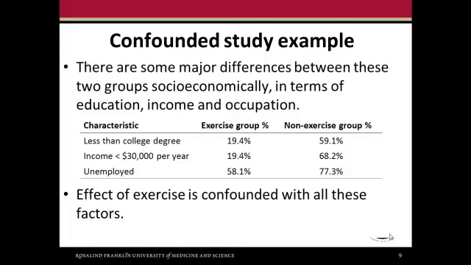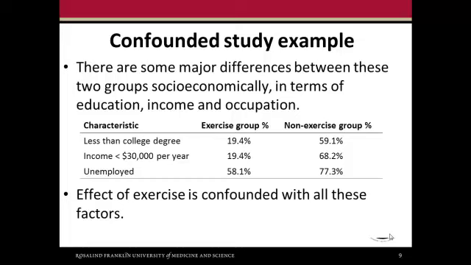And with this study that was done, there are some major differences between these two groups socioeconomically, in terms of education, income, and occupation. This table shows that for the exercise group, only 19% of them had less than a college degree versus almost 59% in the non-exercise group.